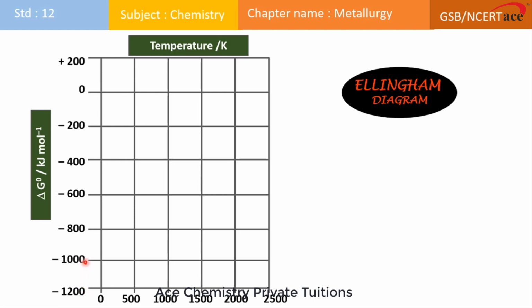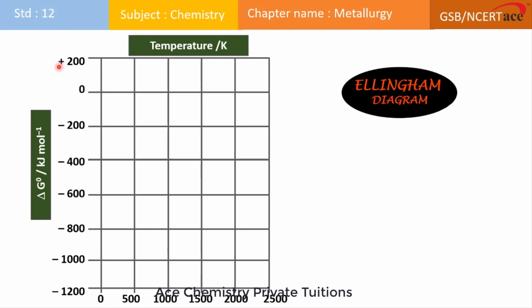As we move up, it becomes minus 1000, minus 800, minus 600, reaching 0, and for some metal oxide formation, the value is even positive. So overall, on the y-axis, the delta G value can be negative, can be 0, and can be positive.